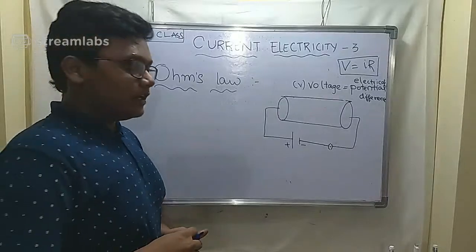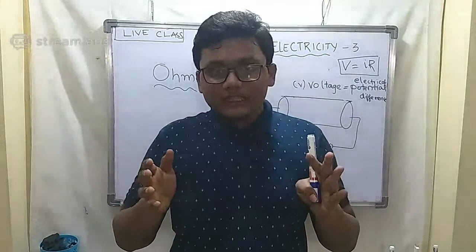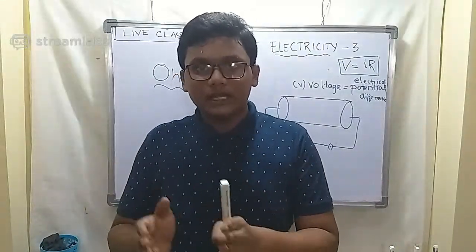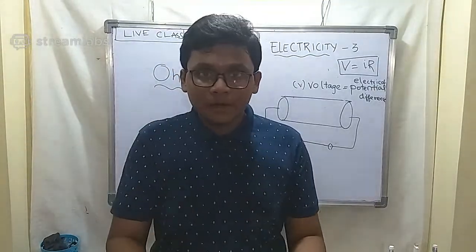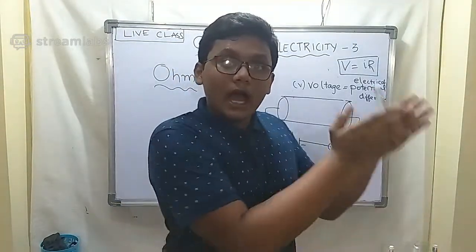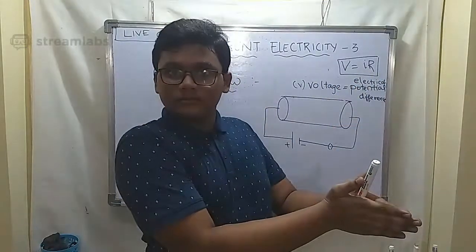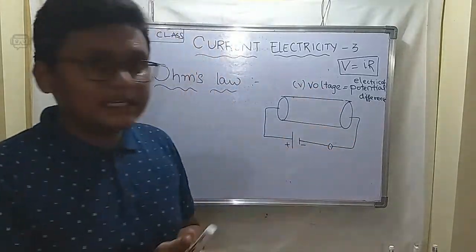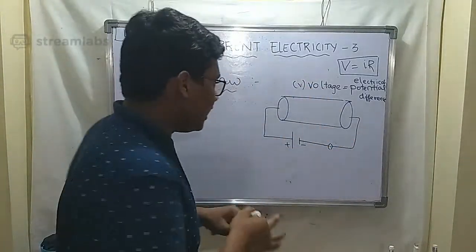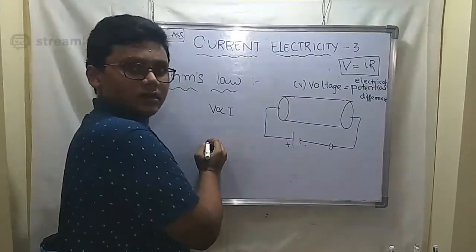Ohm's law states that the voltage, the electrical potential difference, is directly proportional to the current passing through the conductor. Understood?